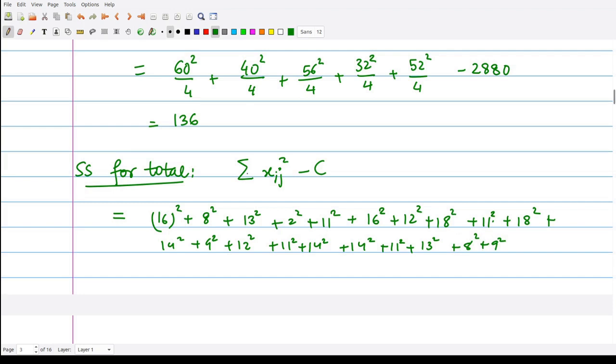So these are all these values minus the value of C, and C's value is 2880.